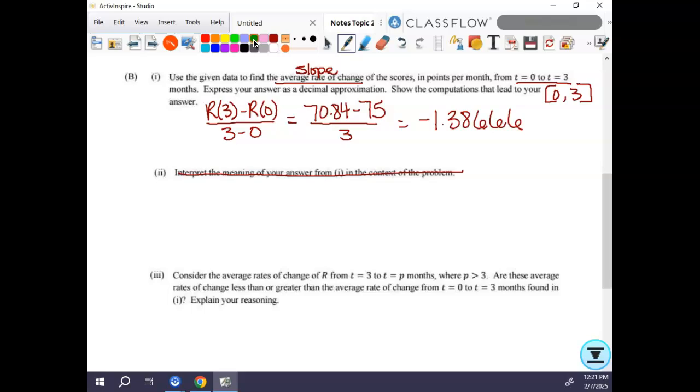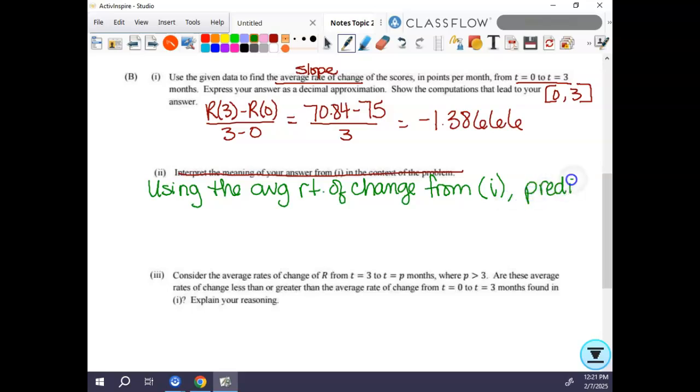So this is going to say, using the average rate of change from, so basically what's right above it, predict the score for t equals 4 months.